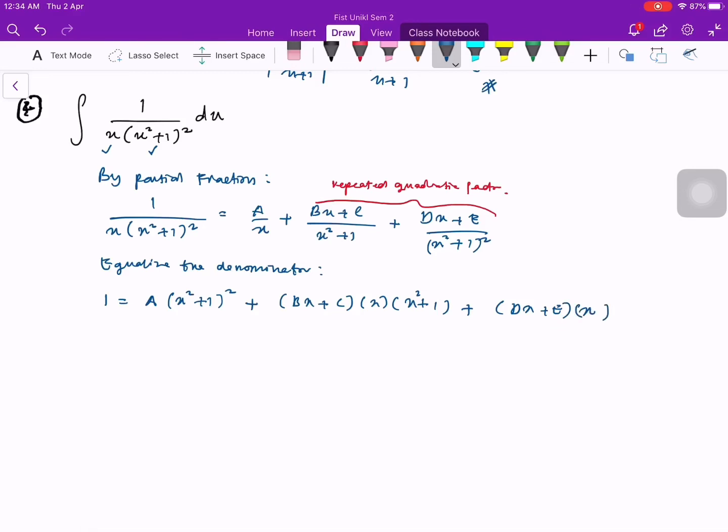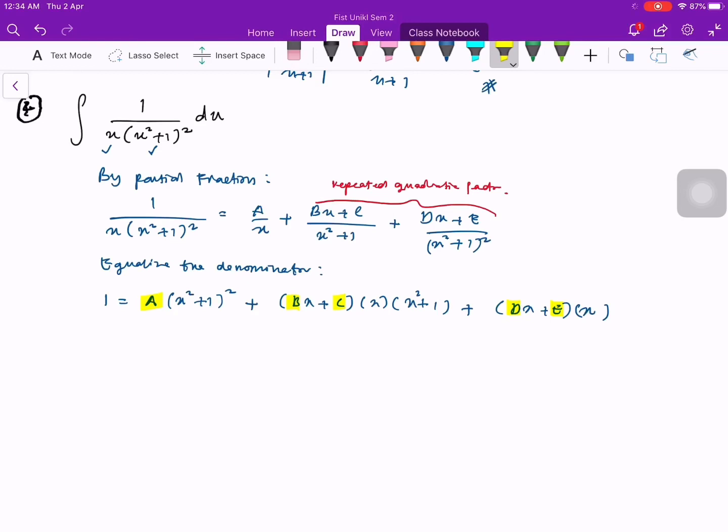Okay, so in this case untuk kita dapatkan nilai variable, we have A, B, C, D and E to find. So total overall we have 5 variables that we need to find.